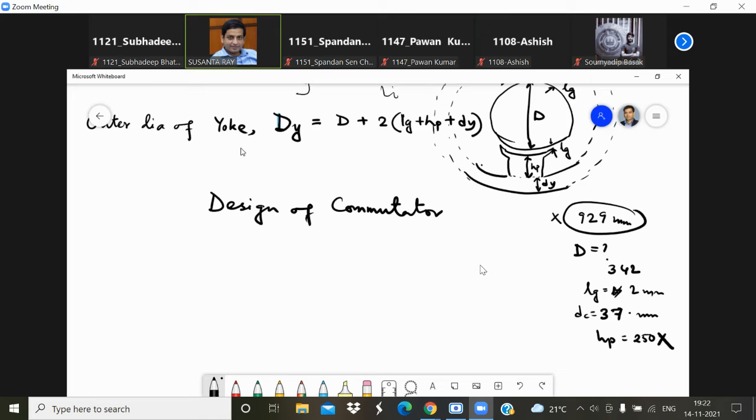Check the calculation thoroughly. Okay, rest of the students, you just proceed with the design of commutator.